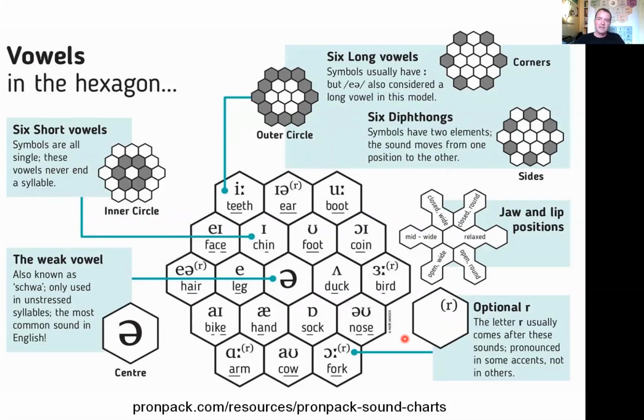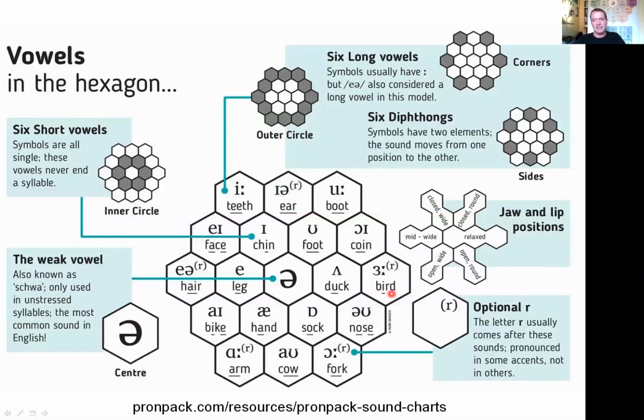So in the example words here, bird, fork, arm, hair, and ear, you can see in the spelling there's an R, which in my accent is not really audible as an R. The R merely changes the quality of the vowel before it. For example, if you remove the R, that's bid, bird. The R is part of the vowel in my accent.